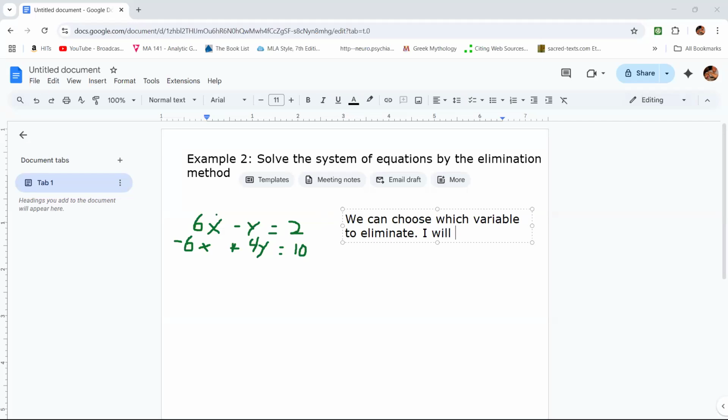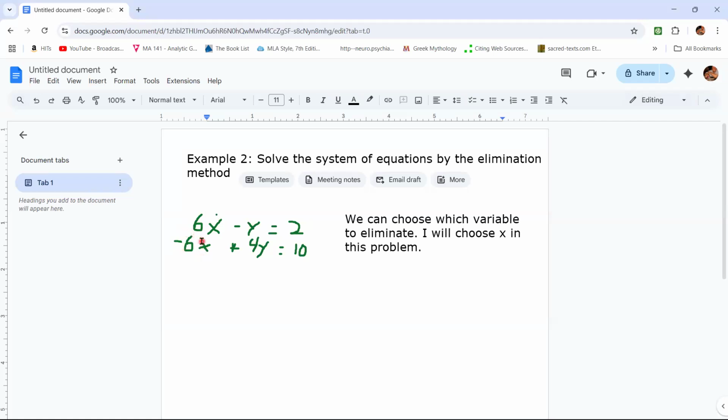I will choose x in this problem because these coefficients, these numbers in front of the variable, the coefficient is the number in front, the coefficient of the variable is opposite. This is a positive 6, the coefficient of this x term. This negative 6 is the coefficient of this x term.